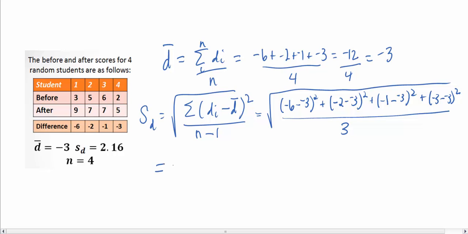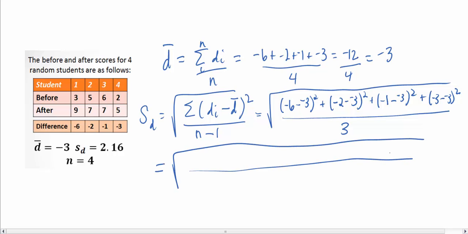This is equal to, then, take the square root, make sure that we don't leave that behind. And so we have -6 minus a -3. We'll recall that when we have a minus a negative, we have to add the positive. So if we do this, we get -3 squared for the first expression.